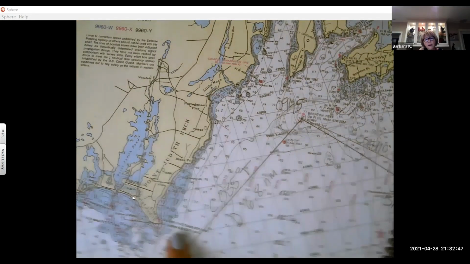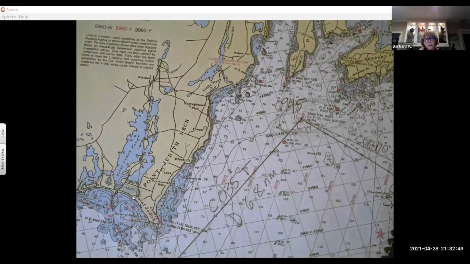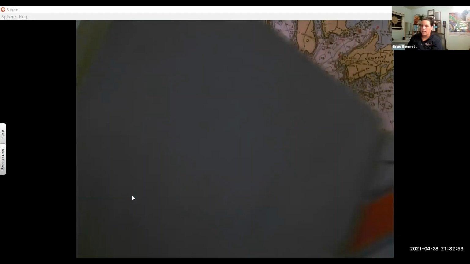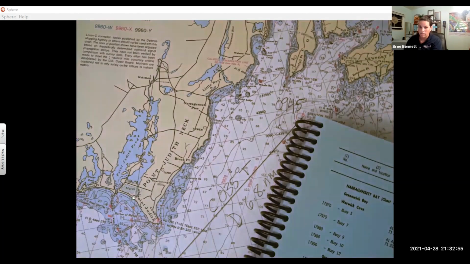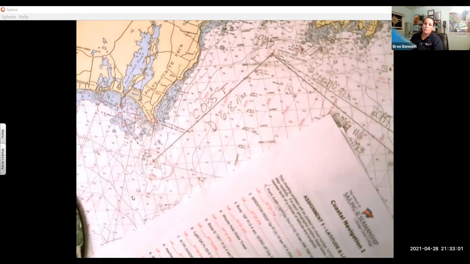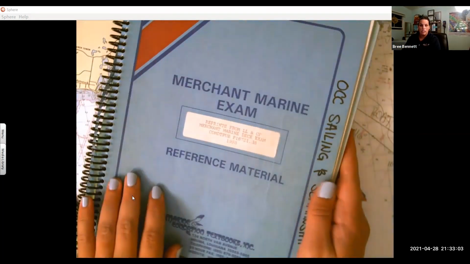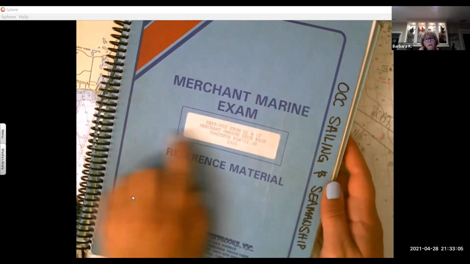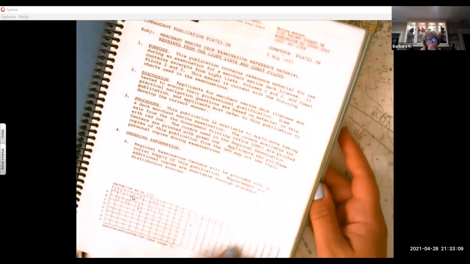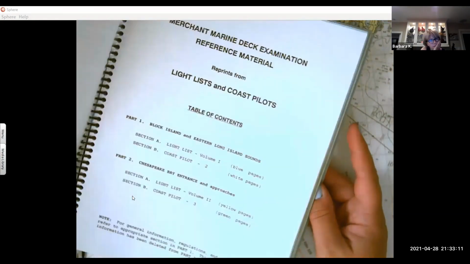And what's that book you have again? What's the front of it look like? So this is a training chart, right? This whole thing is a training chart. Right. So what I have here is exam room material, which you can get online, and I could put the light list on Google Classroom if you want.